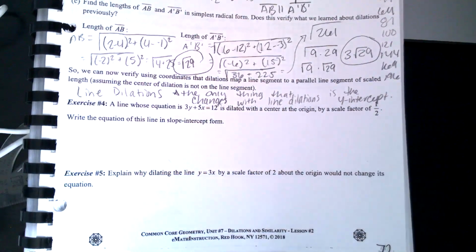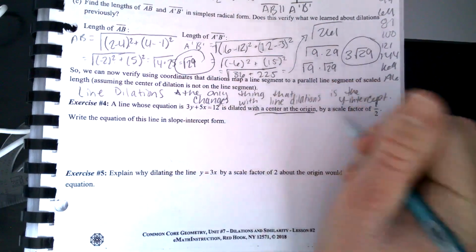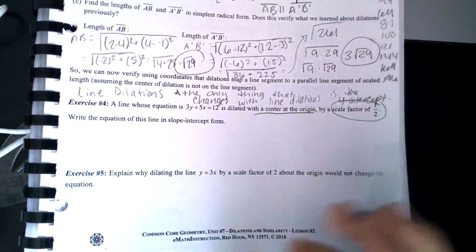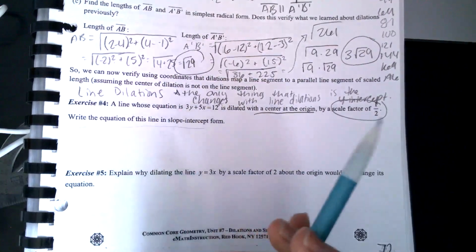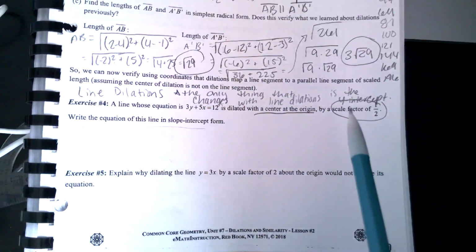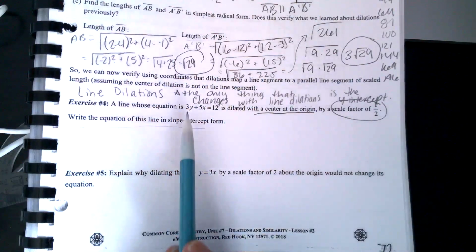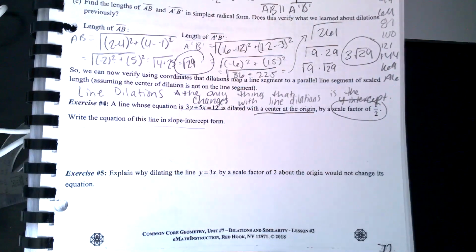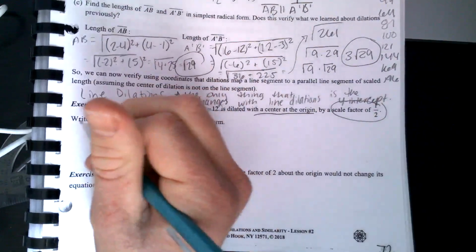All right, so a line whose equation is 3y plus 5x equals 12 is dilated with a center at the origin by a scale factor of 1/2. So the center is at the origin and our scale factor is 1/2. You want to write the equation of the image of this line in slope-intercept form. As you're looking at it, this equation is not in y equals mx plus b form.